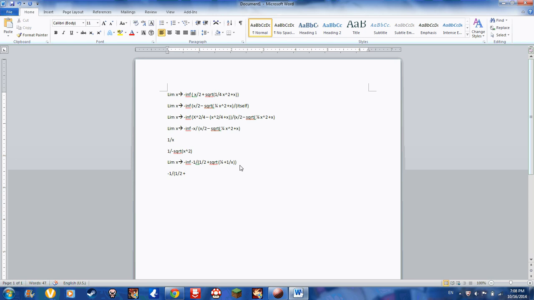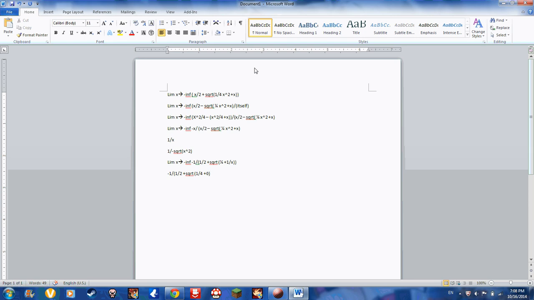Now, this is where you use a property that is known as the awesome property, and basically you can take the square root of 1/4 plus 0.